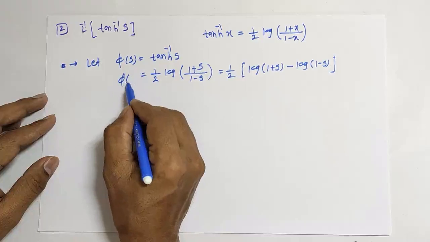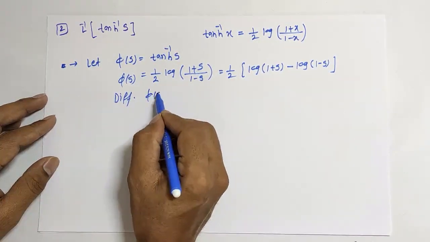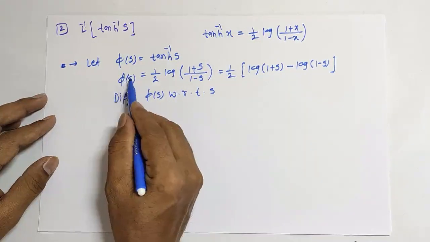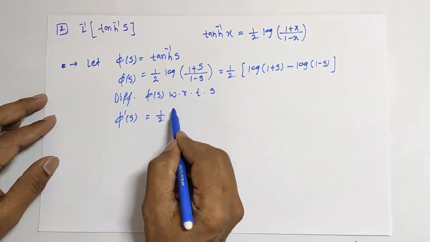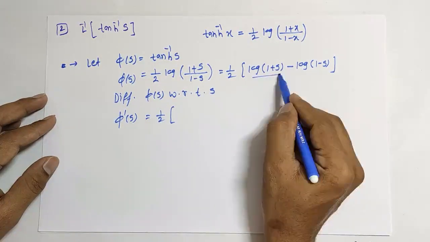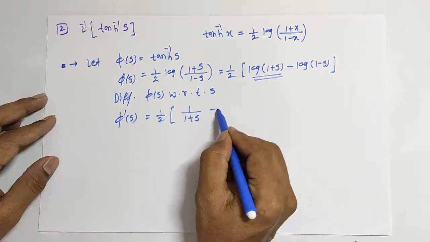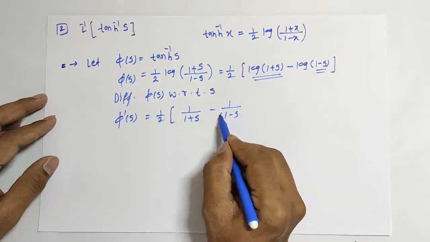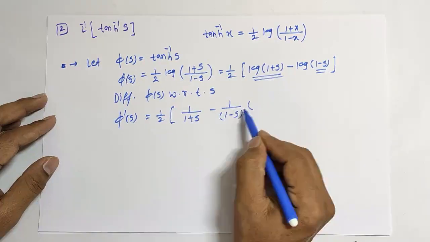Now differentiating phi of s with respect to s. So derivative phi dash of s, 1 by 2 is constant. Derivative of log of 1 plus s is 1 upon 1 plus s, minus derivative of log of 1 minus s into derivative of 1 minus s with respect to s.